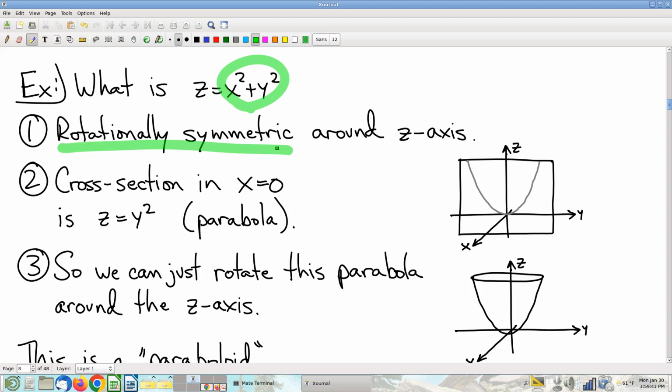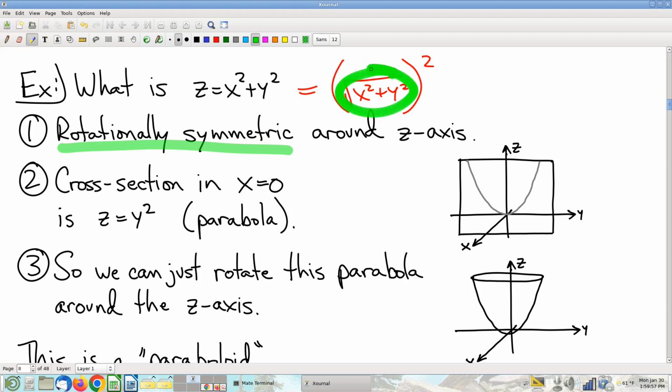If you're worried about the lack of the square root, notice that I can rewrite this equation as z equals square root of x squared plus y squared, squared. And now x and y appear only in the proper form. So you don't need to worry about it if the square root's missing.